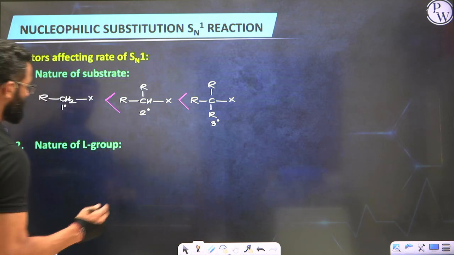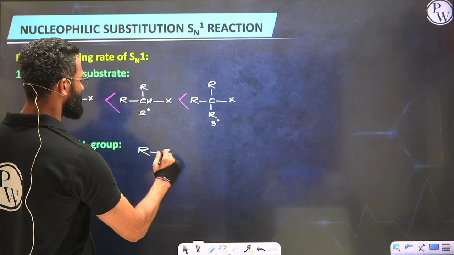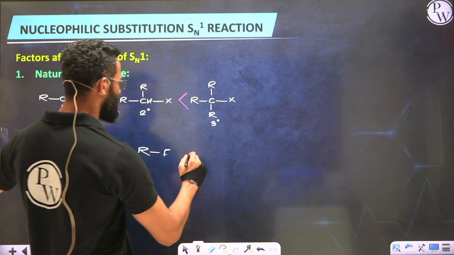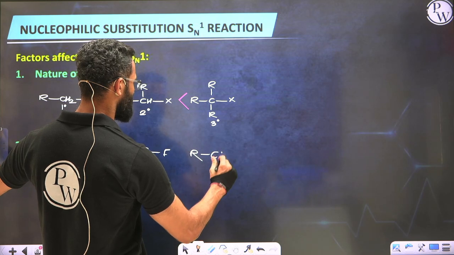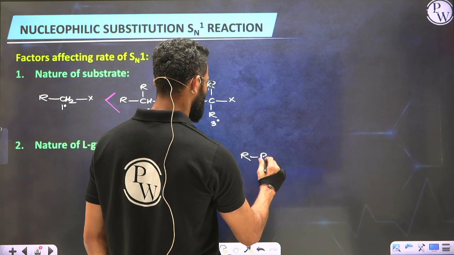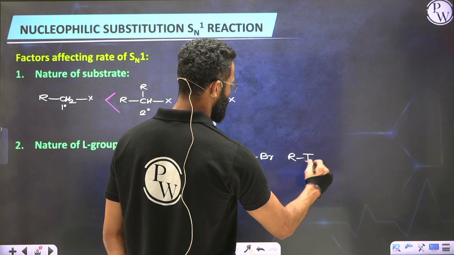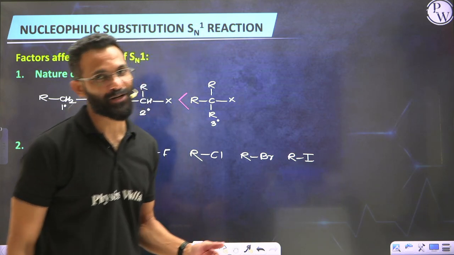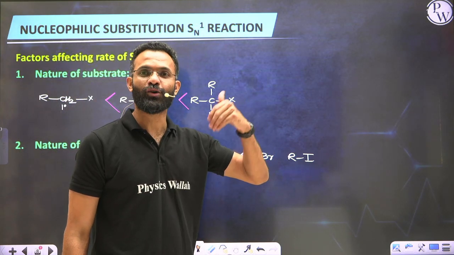So here, let's say I have alkyl fluoride, comparing that with alkyl chlorides, alkyl bromides, and finally alkyl iodide. What we all know is poor bases are good leaving groups. HI is a stronger acid, and a stronger acid's conjugate base is poor.